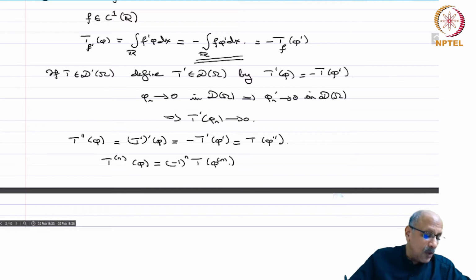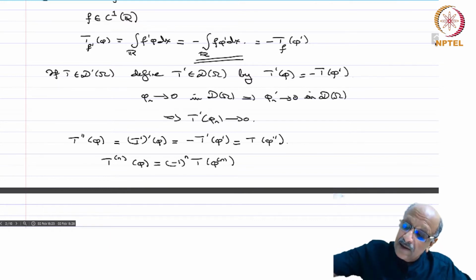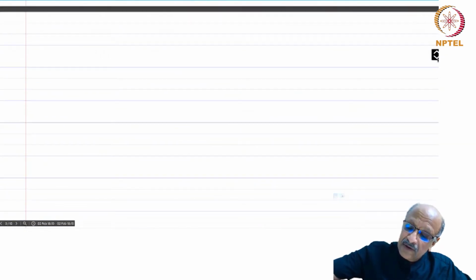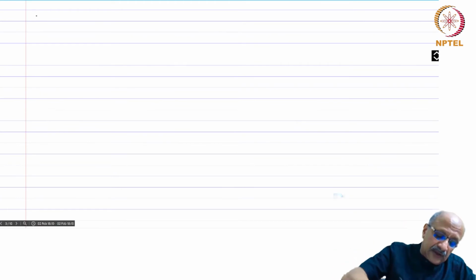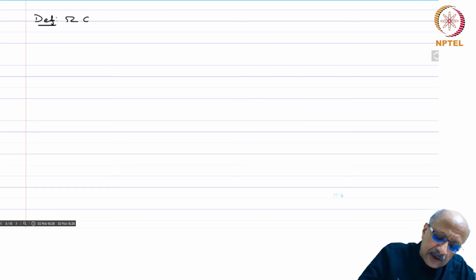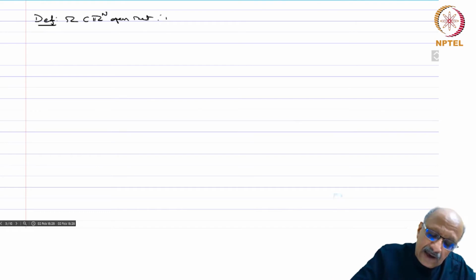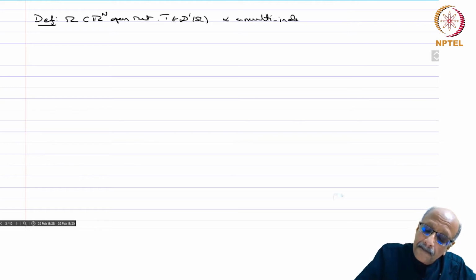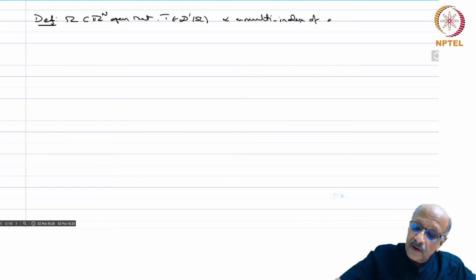So this is how we will define the derivatives of a distribution, and therefore let us give a formal definition. Let omega in R^n be an open set, T in D prime of omega, and alpha a multi-index of order n.